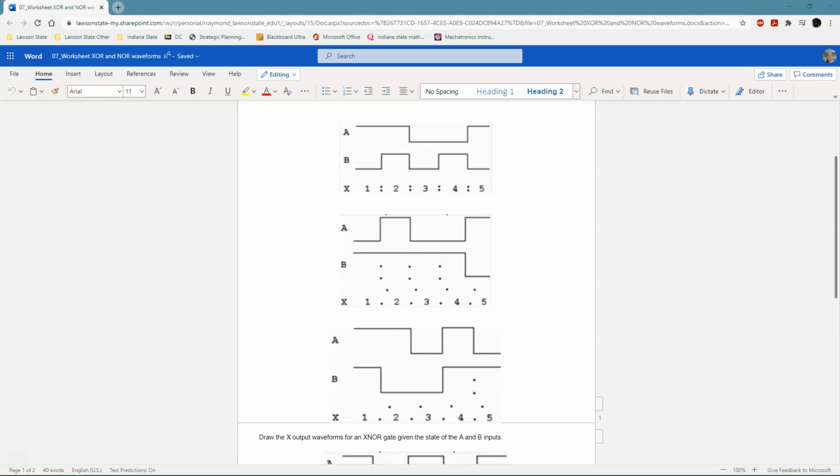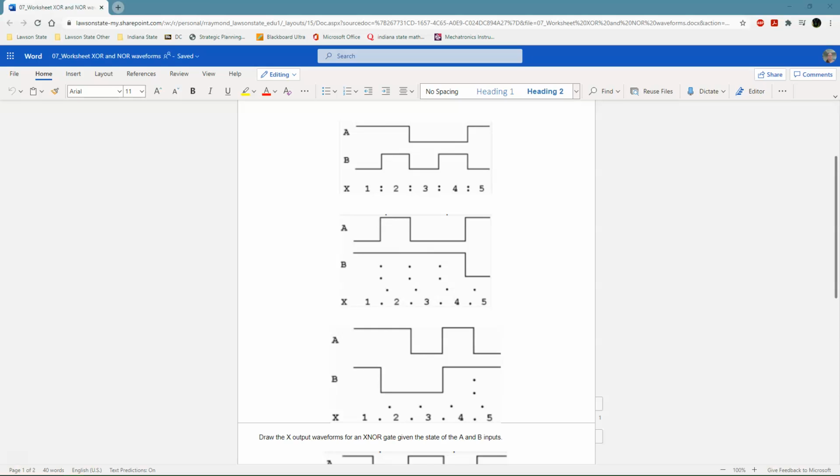So A goes high for 2 bars, dips low for 2, and then it goes high for 1. B is low for 1, goes high for 2, goes low for 3, high for 4, and then low for 5.